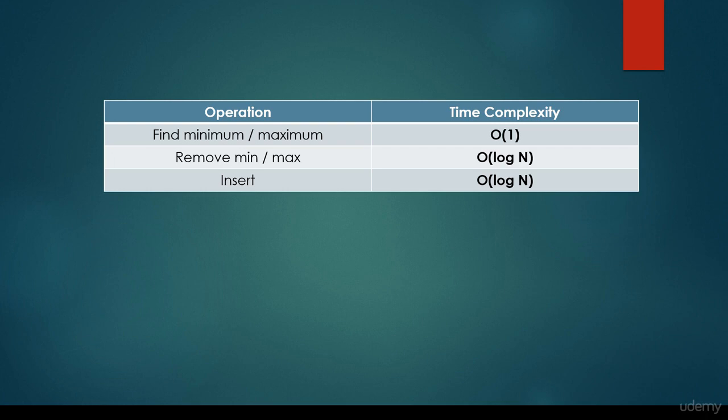It's quite easy, and you may pose the question, what's the difference between heaps and binary search trees or AVL trees? The main difference is finding the minimum or maximum. For a binary search tree, the maximum item is the rightmost item, the minimum item is the leftmost item.